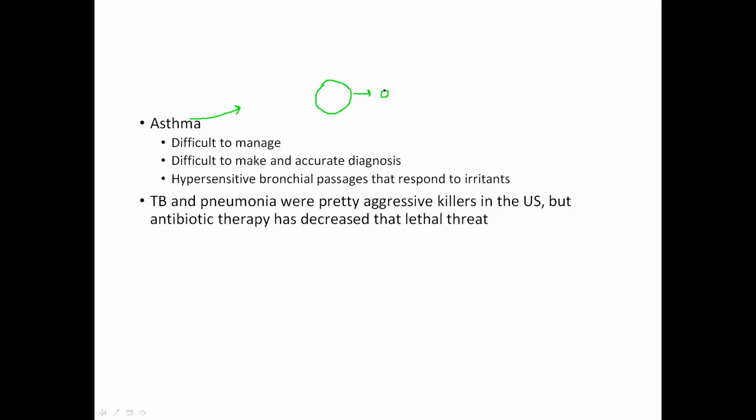So what'll happen is, for treatment, they usually take some sort of albuterol or a steroid, and it makes it go from bronchial constriction to bronchial dilation, which opens up the air passageways.